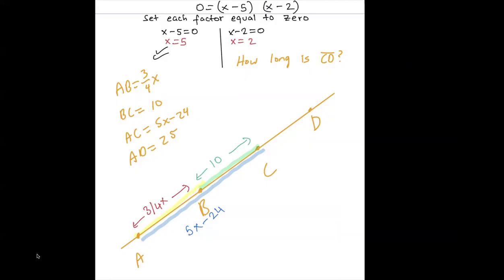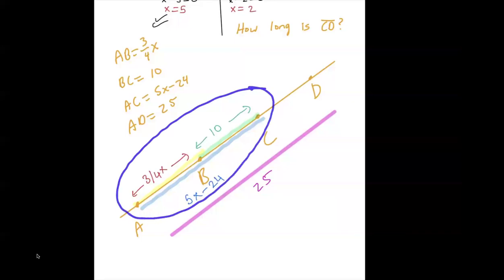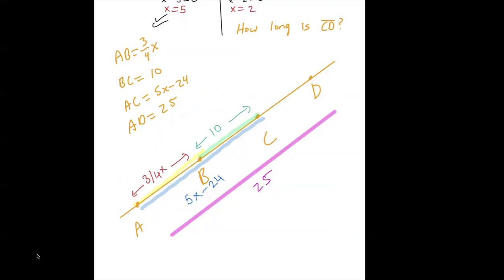AD is 25. Okay, we need to find how long CD is. Do you see what I see? Is it that 3/4x plus 10 is equal to 5x minus 24?